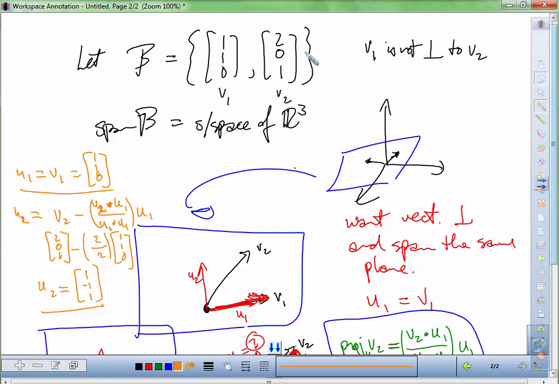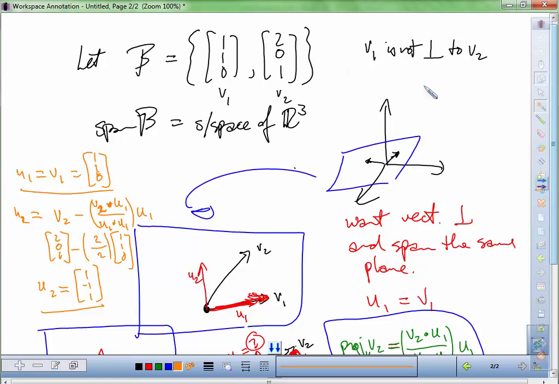So what we did was, quote, orthogonalize a set of vectors. The idea here is that this is an orthogonalization process which takes a set of basis vectors.